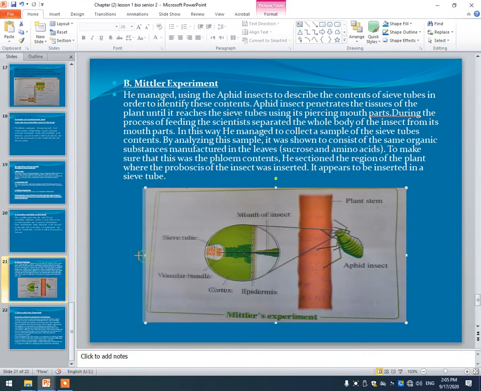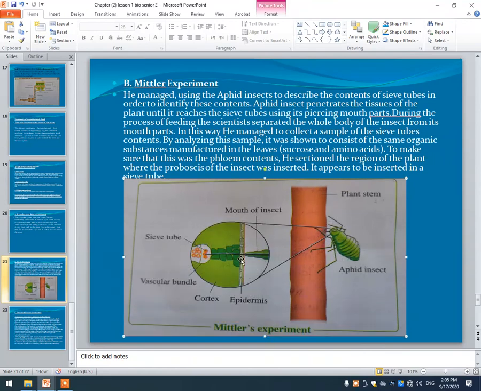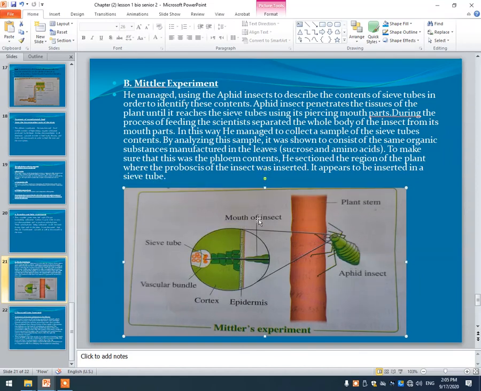We also have the Mittler experiment. He managed, using the aphid insect, to obtain the content of the sieve tube in order to identify it. The aphid penetrates the tissue of the plant until it reaches the sieve tube, using its piercing mouth parts during the process of feeding.